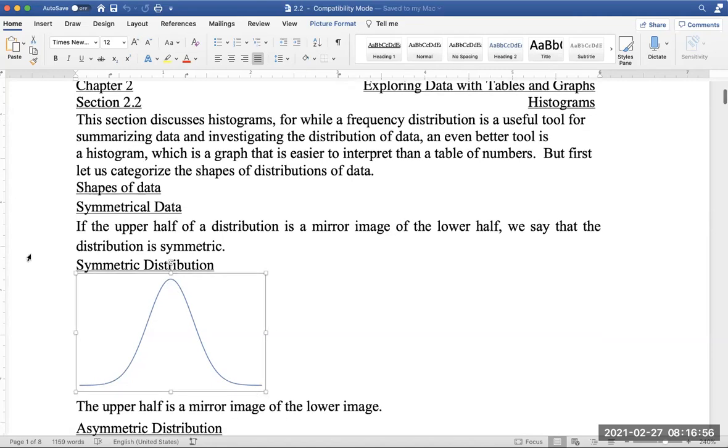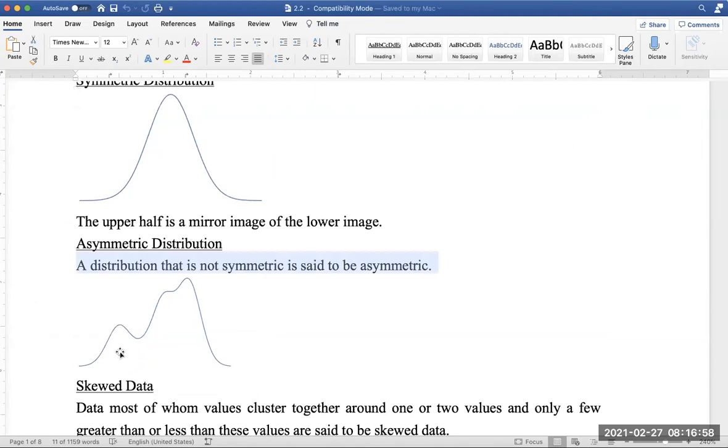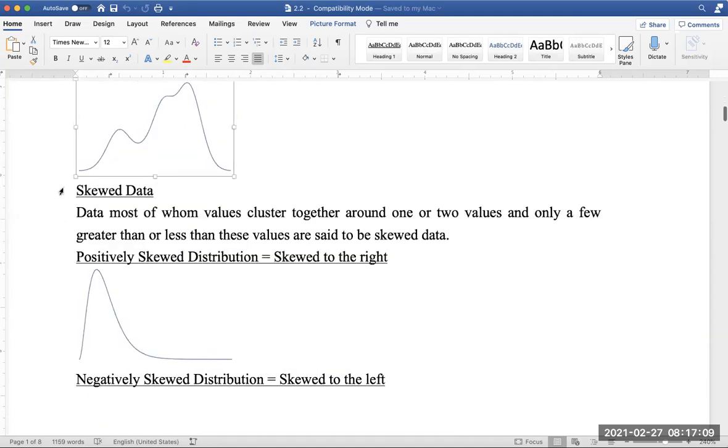It will be said to be asymmetric if it is not symmetric. And so this is an example of an asymmetric distribution. There are particular types of asymmetric distributions that are important in the study of statistics.